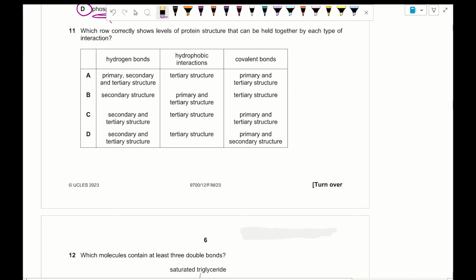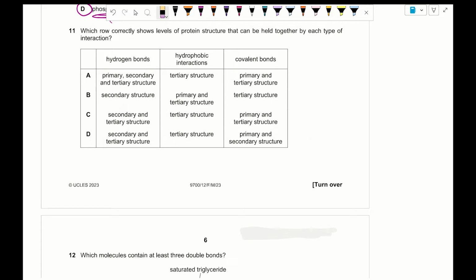Question number 11. Which row correctly shows levels of protein structure that can be held together by each type of interaction? Hydrogen bonds. So, there are 2 key rules. Hydrogen bonds form between the peptide bonds of the secondary structure and the R groups of proteins in the tertiary structure. So let's explain further.